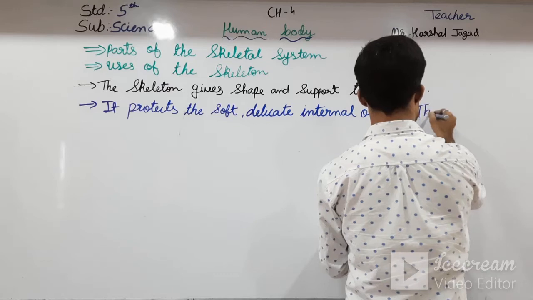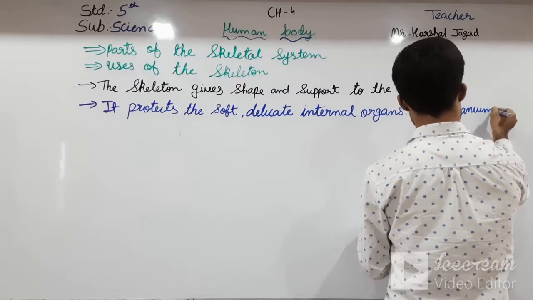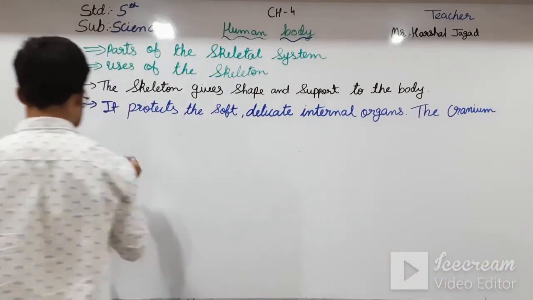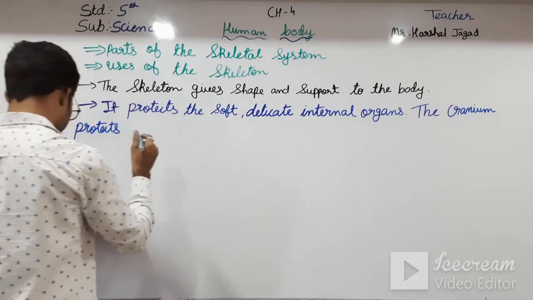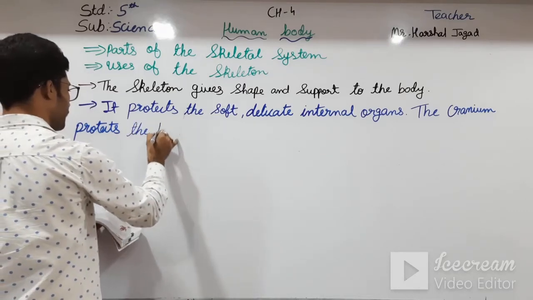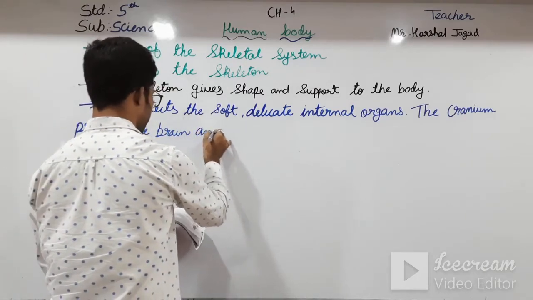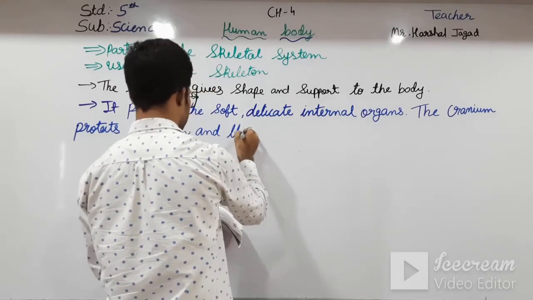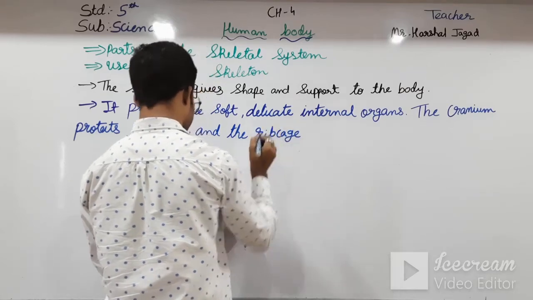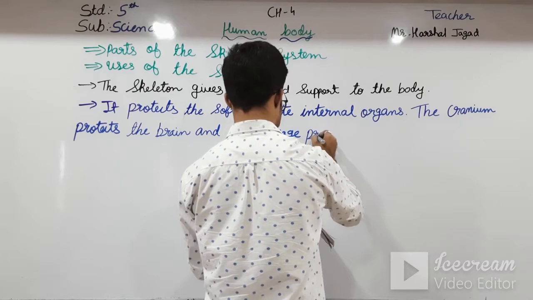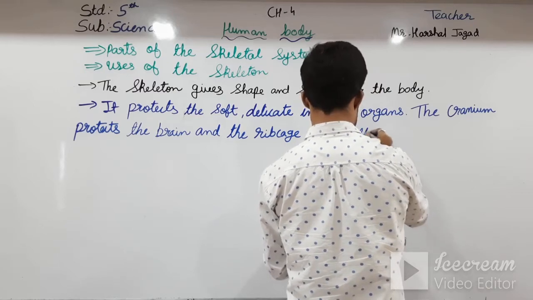The cranium protects the brain and the rib cage protects the lungs and the heart.